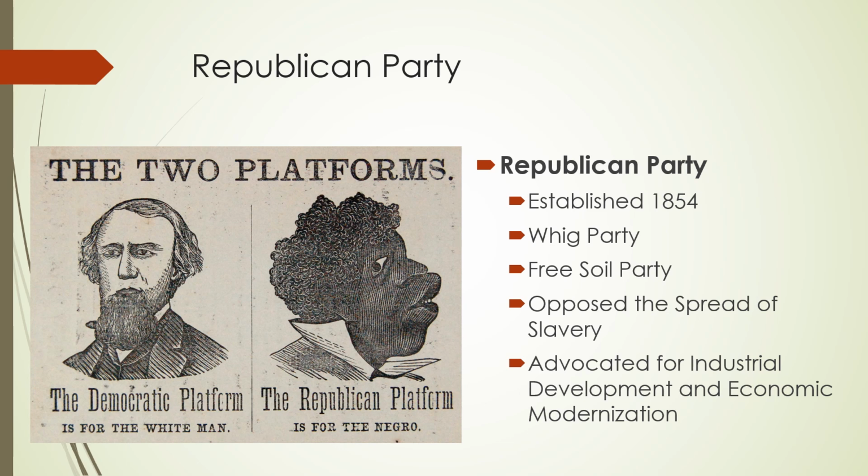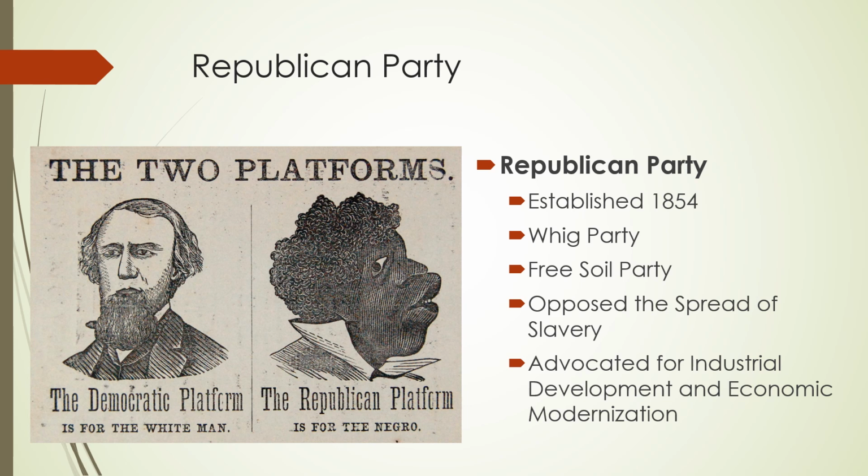This Kansas-Nebraska Act is really the catalyst that forms a new political party. So in 1854, we have the Republican Party. The Republican Party is created in response to, and in opposition to, the Kansas-Nebraska Act.